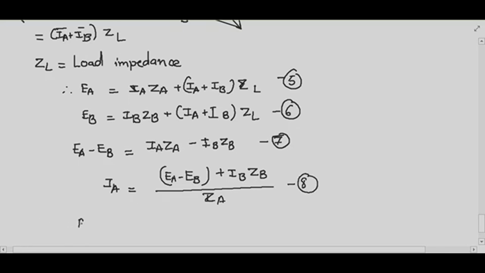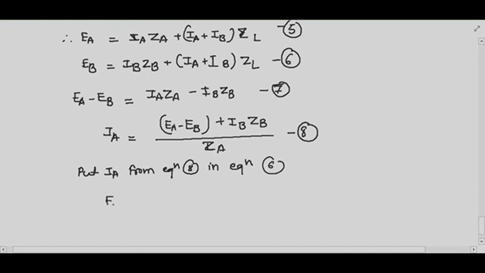Put the value of IA from equation 8 in equation 6. So what will we get?